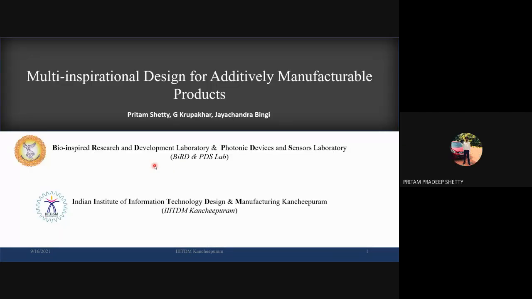If you want to read about this article, you can just Google this title. The paper is openly available on forums like ResearchGate. It is also published as a book chapter, in the conference proceeding of the International Conference on Research into Design, conducted at IIT Bombay.